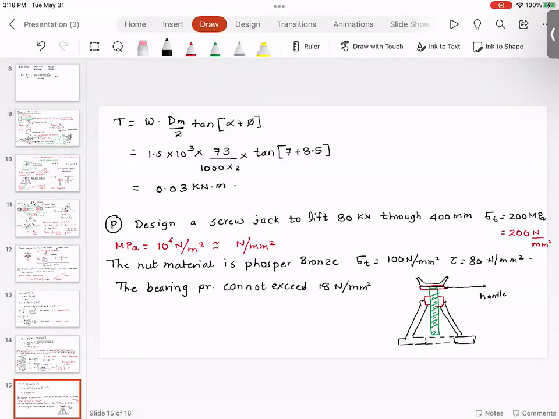So if you look at this assembly: housing, screw, nut, cup.